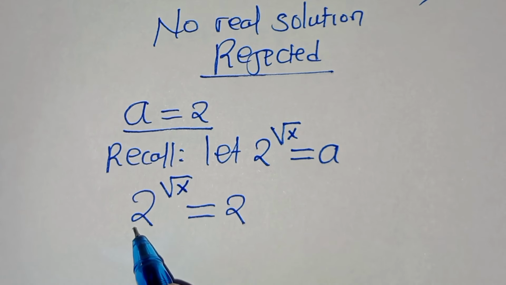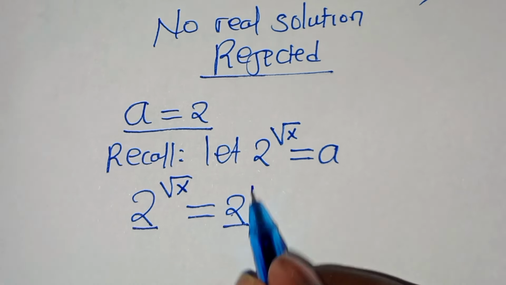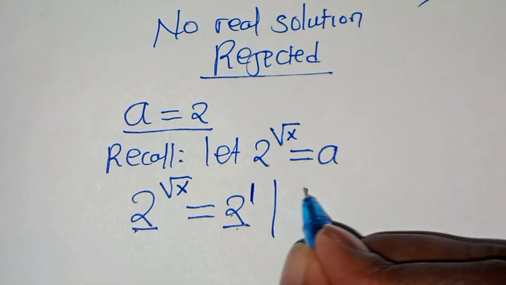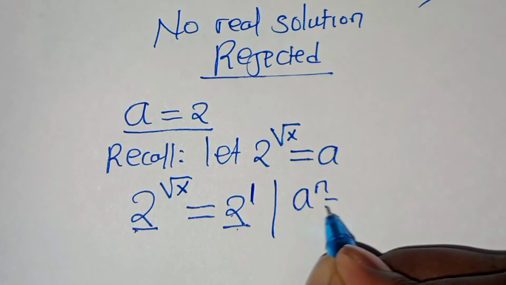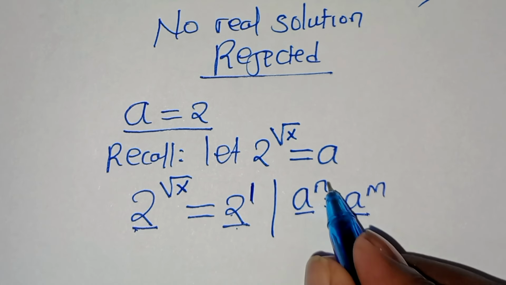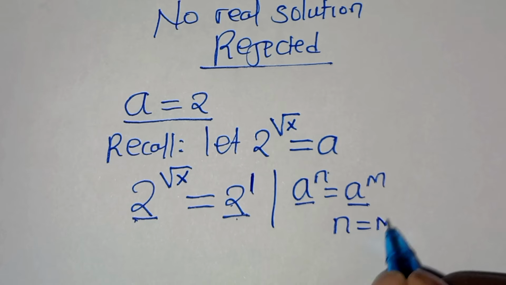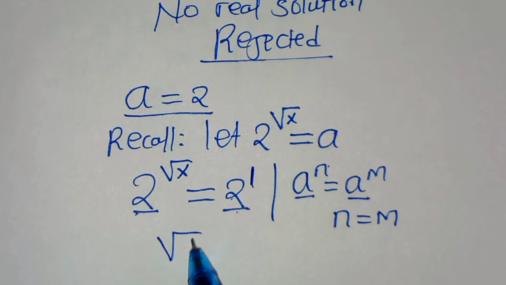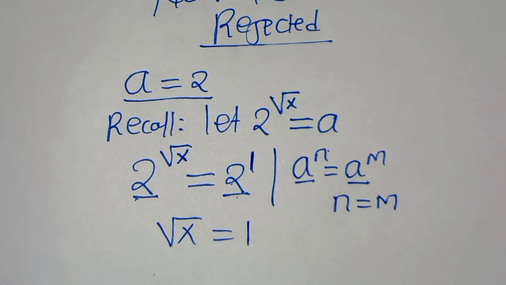So remember, the bases are common here. 2 is raised to the power of 1 here. Since the bases are common, that is a to the power of n is equal to a to the power of m, exponent n is equal to m. Applying this property, we have the square root of x is equal to 1.